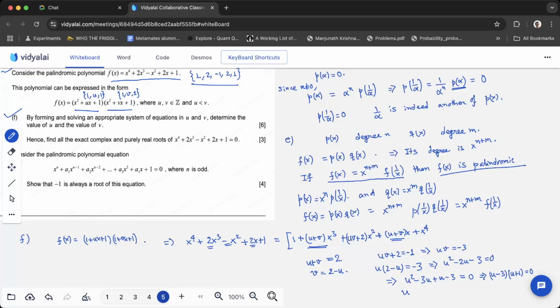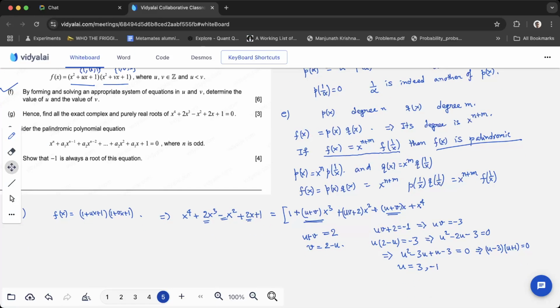So the two roots of u are 3 or -1, and correspondingly the values of v would be -1 and 3. So basically the bottom line is f of x can be expressed as x squared plus 3x plus 1 times x squared minus x plus 1.